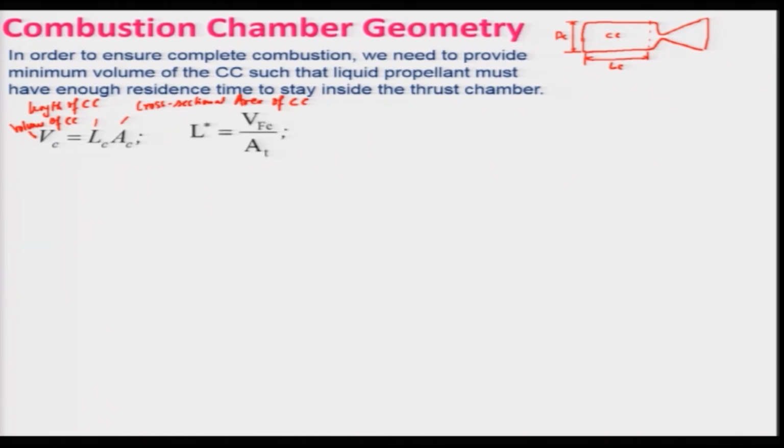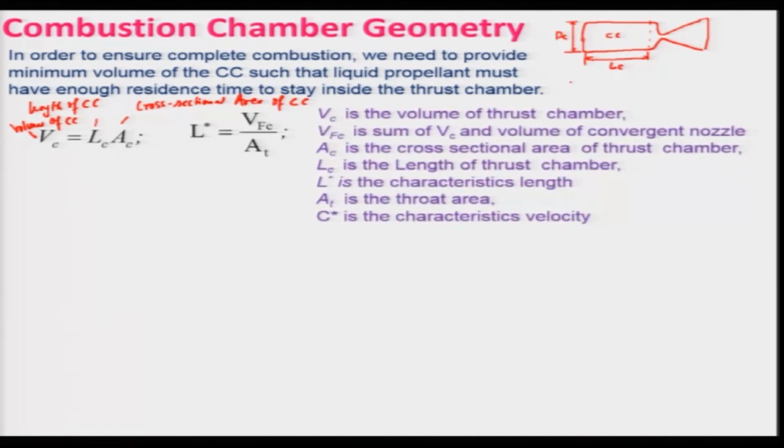This is the characteristic length of a combustor or rocket engine. The characteristic length is the ratio of VFC divided by AT. AT is the throat area.